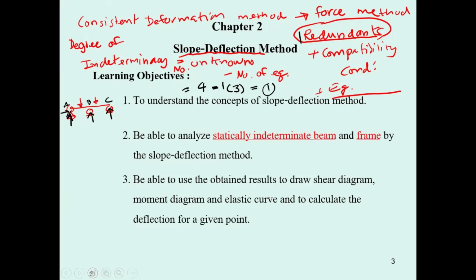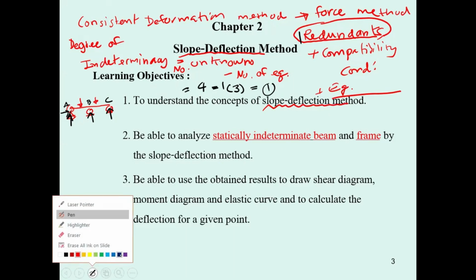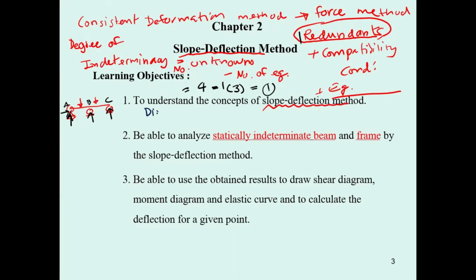Now, we come to a new method called the slope deflection method. The slope deflection method is a kind of displacement method. In this method, we are going to use the displacement as the unknown. That is, we are going to use the slope and the deflection as the unknowns.